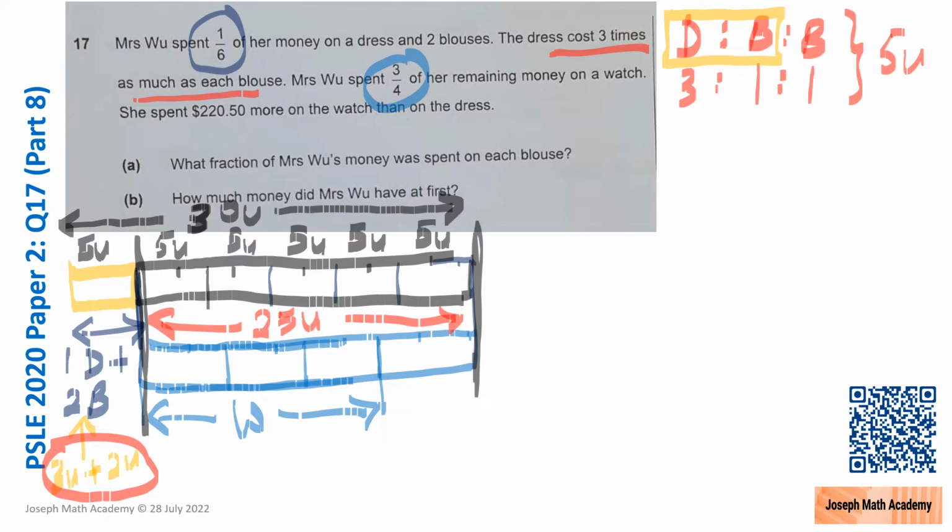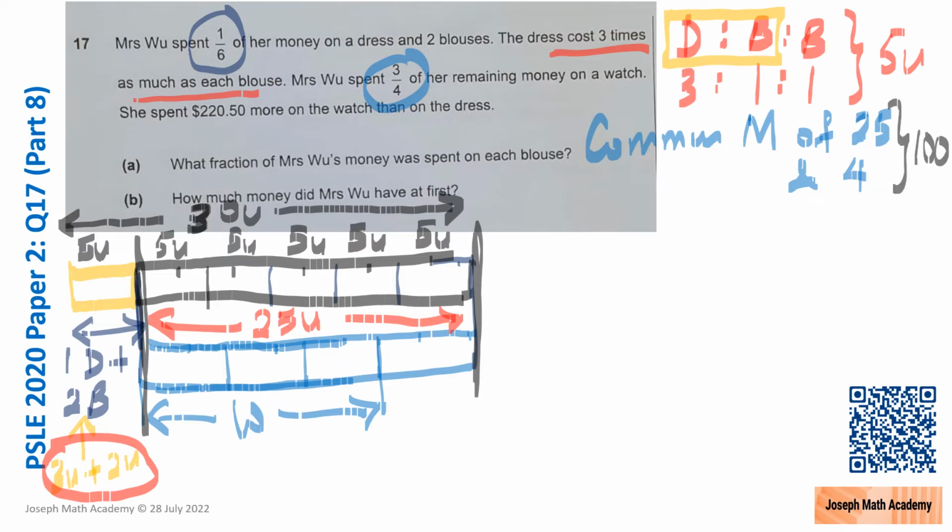So because of that, we have to always remember to use common multiples. The common multiple of 25 and 4 is none other than our 100. Yes, it's indeed our 100.